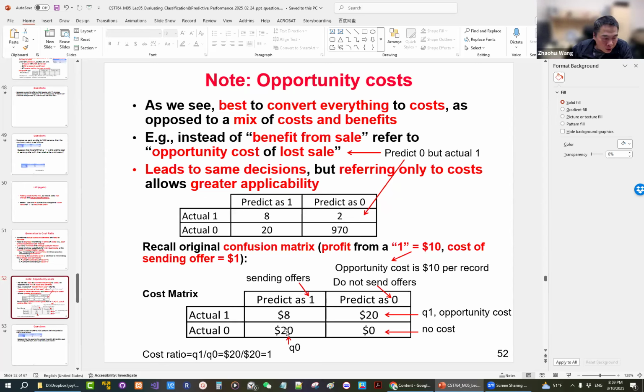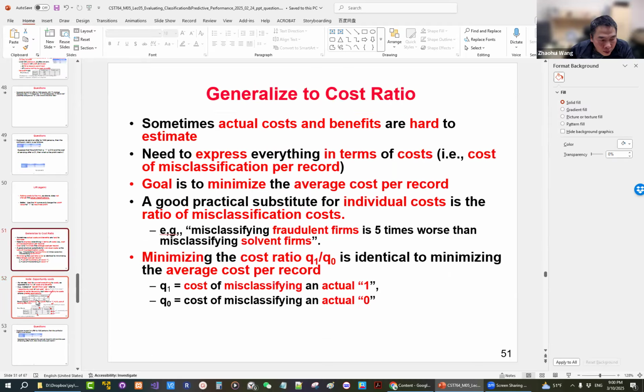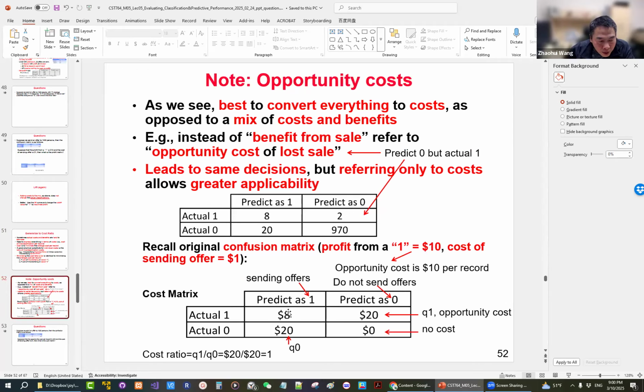So the total cost for Q1, misclassifying class 1, will be $20.